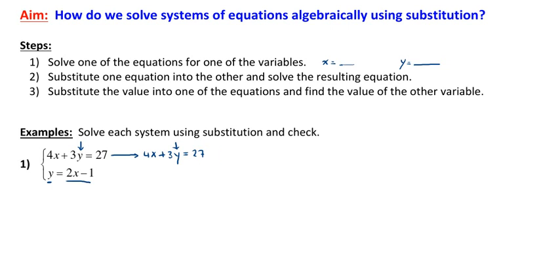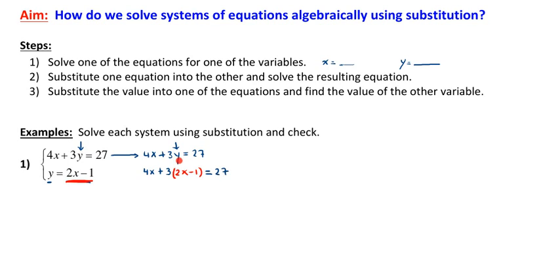Everything else will remain the same. So 4x is going to remain the same plus 3. But the y is going to be substituted with what's equal to y, and what's equal to y is 2x minus 1. And then we have equal to 27.